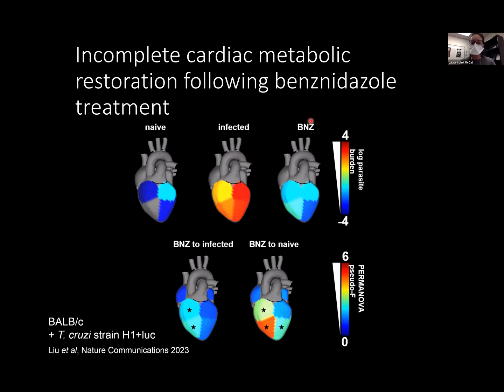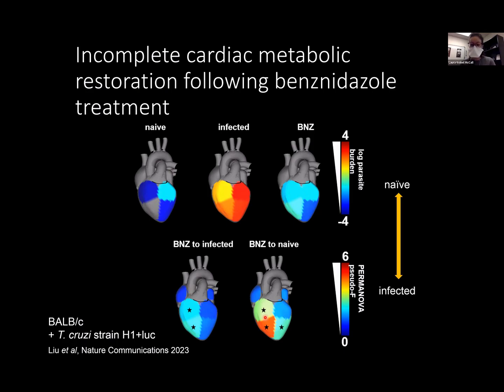And then if we treat with benznidazole, we successfully clear the parasite numbers back to our baseline background numbers. Now, if we look at cardiac metabolism, what we find is that there is a significant change between the benznidazole treated mice and infected mice, only in the right ventricle. But there's still also a large difference to naive mice.